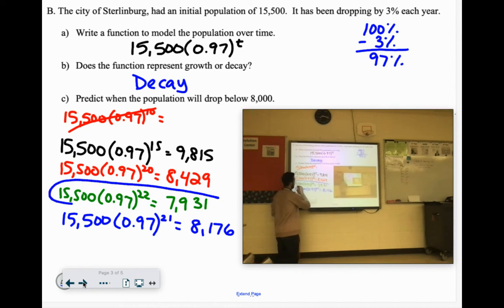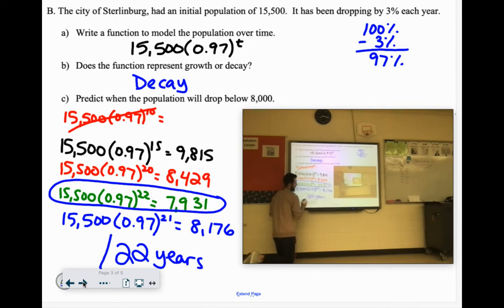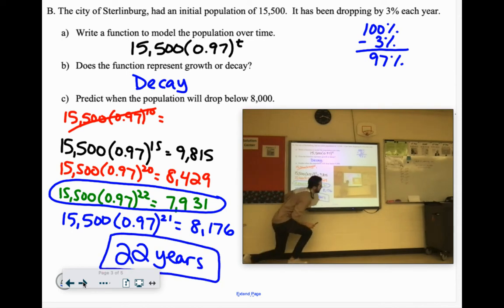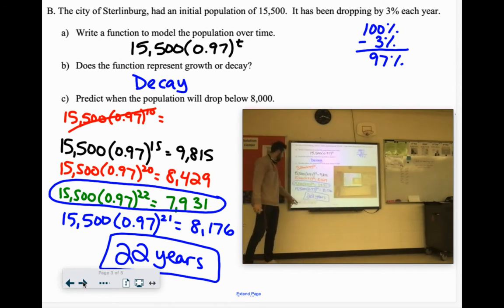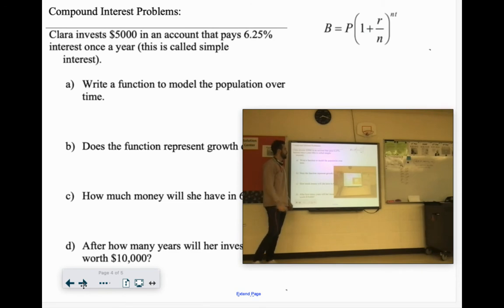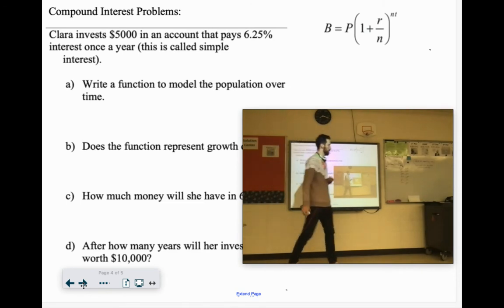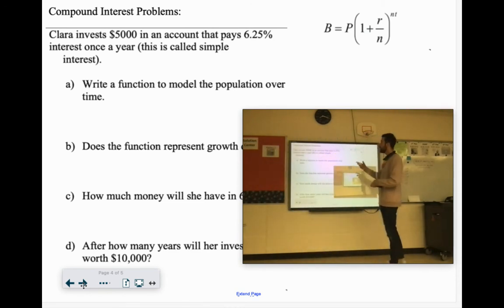So 22 years is what it takes for the population of Sterlingberg. Oh, now we're doing compound interest problems, which is very similar.